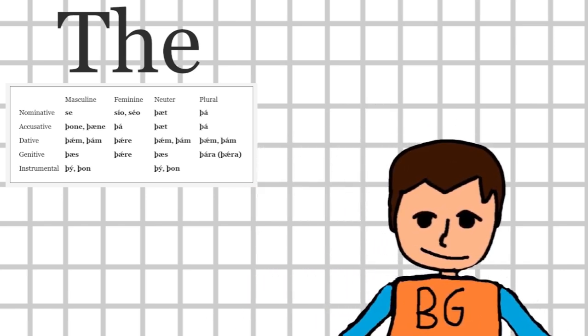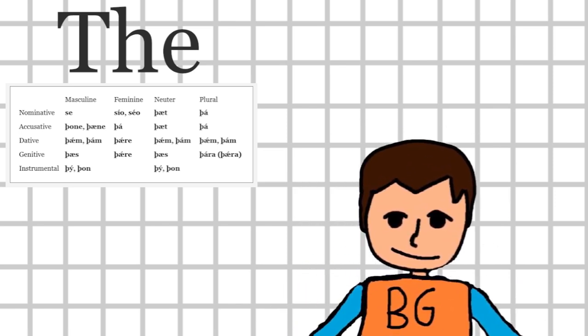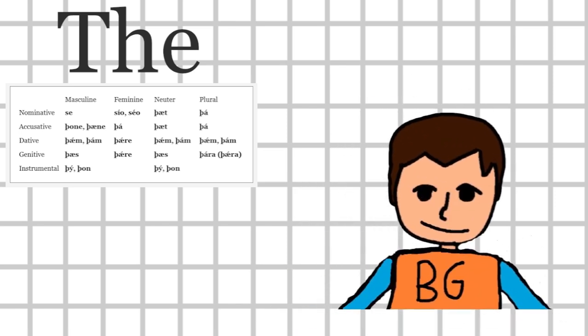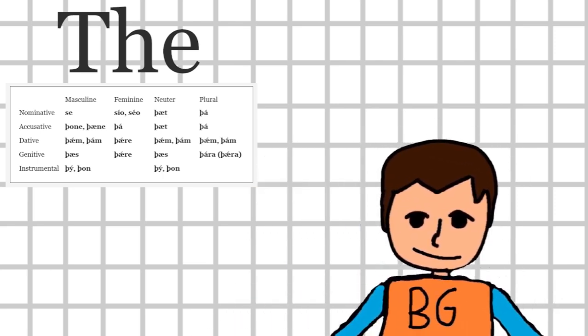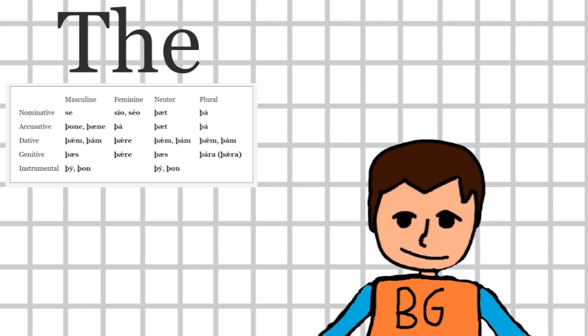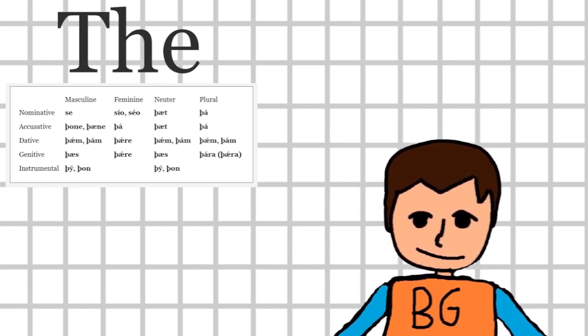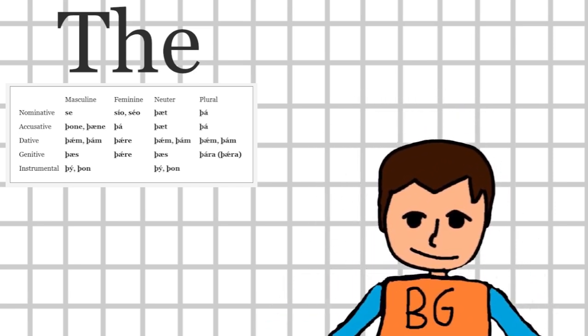And actually, before we continue any further, in the first part of the video I mentioned our little letter thorn. Thorn actually makes a th sound, and it's a bit confusing because th and the are the same sound, just one is voiced and one isn't voiced.